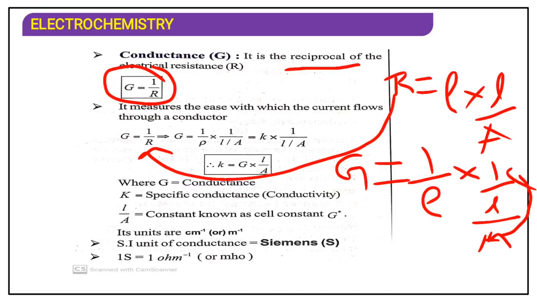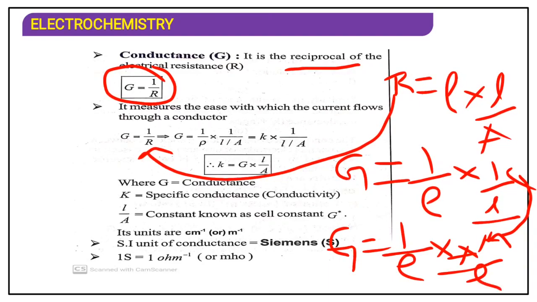When A goes up, then G is equal to 1 by rho into A divided by L, that is, 1 by rho into A by L. And very important, 1 by rho, I can represent in the form of K. Now G is equal to K into A by L.